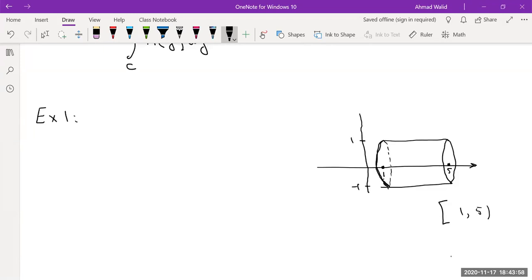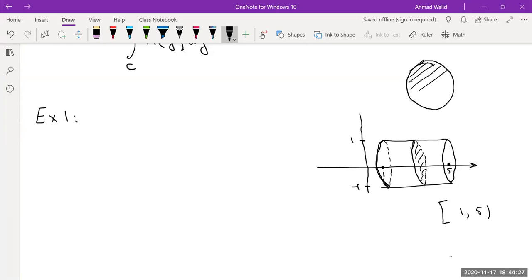Look, if I do a cross section here, like this, if I cut a cylinder, the shape that I get, if I bring it out for you, it's actually a circle, right? The cross section of a cylinder is a circle, correct?